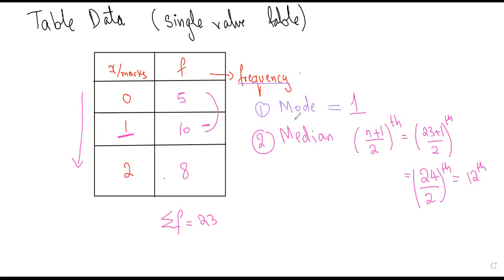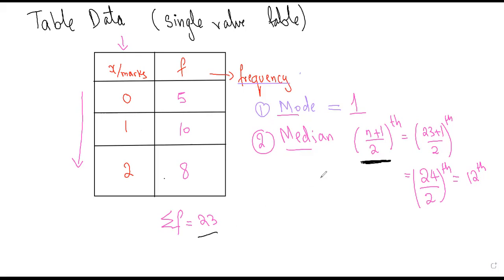Always remember, for mod, median, range, we are going to pick up numbers from this column. Okay. So for median, I'll repeat. We need to arrange the data in ascending order. It is already arranged in ascending order. We need to find the middle term using this formula.